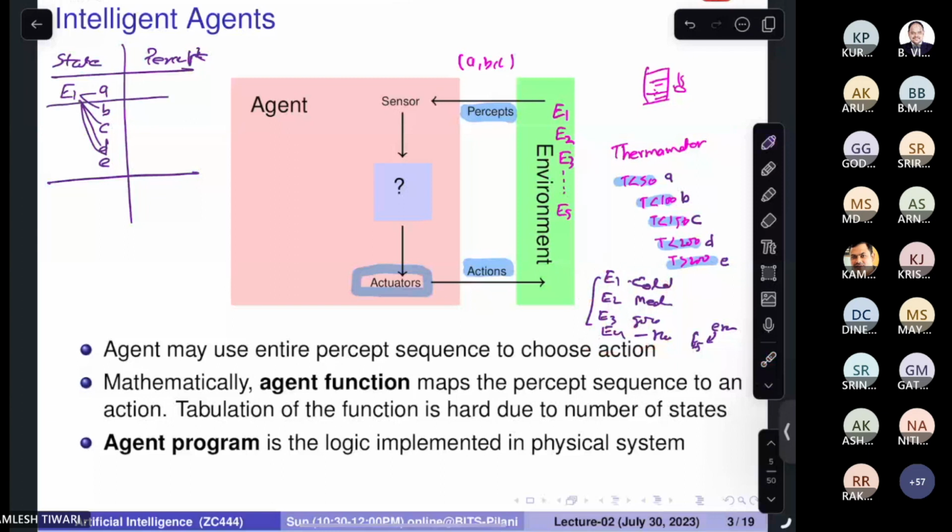So if in a given state I get A, meaning the temperature is cold, what should I do? I should switch on my heater. If it is B, again I have to switch on, with more temperature, and here I should maybe set the temperature a little bit lower so that it is in the operating range.